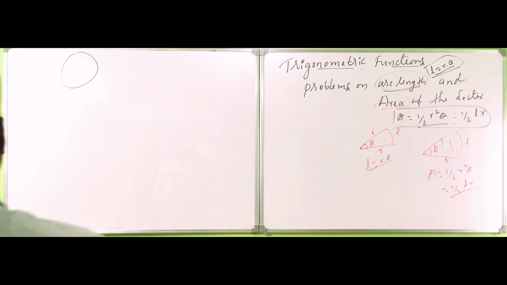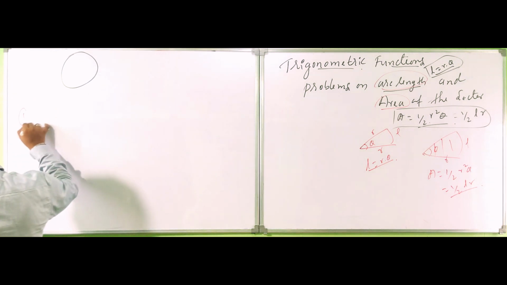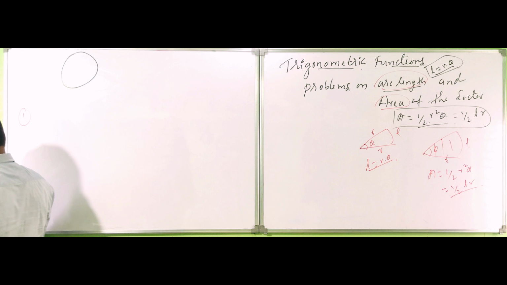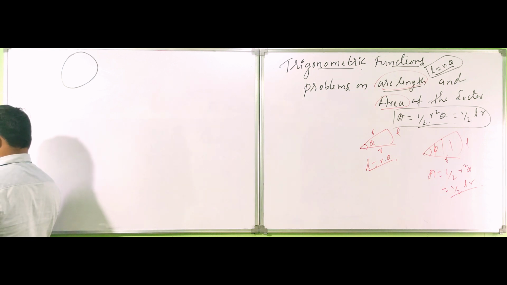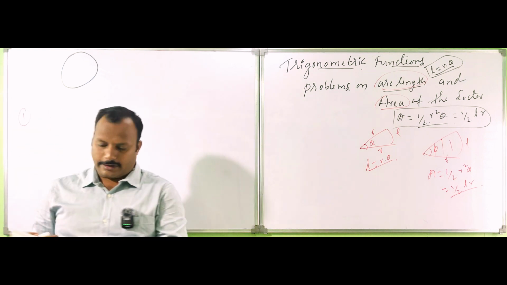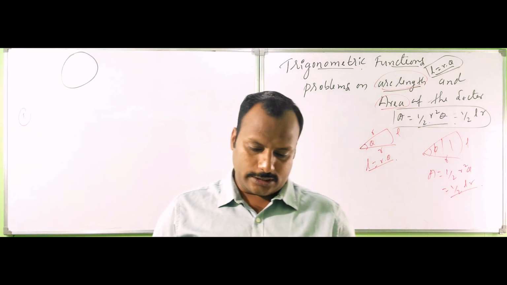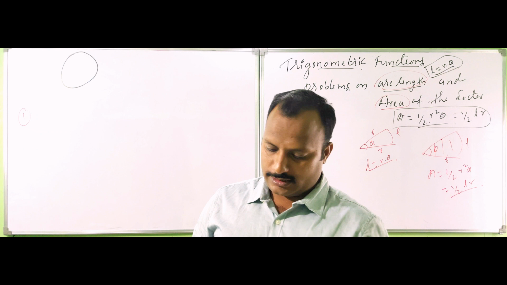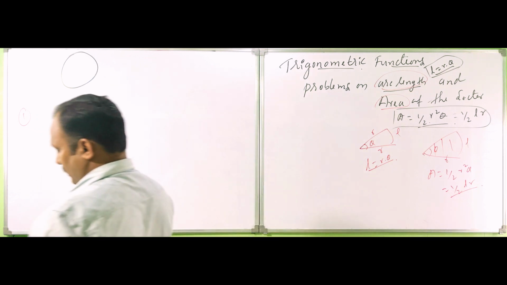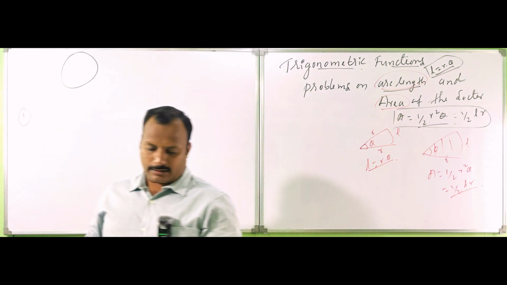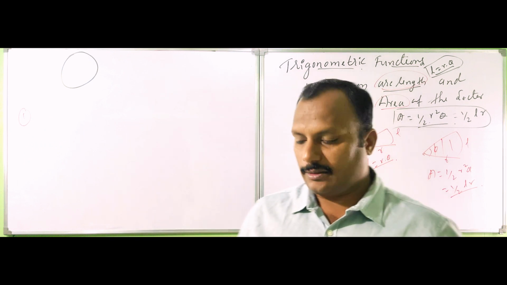First question: find the angle in radian through which a pendulum swings if its length is 75 cm and the tip describes an arc length of 21 cm.